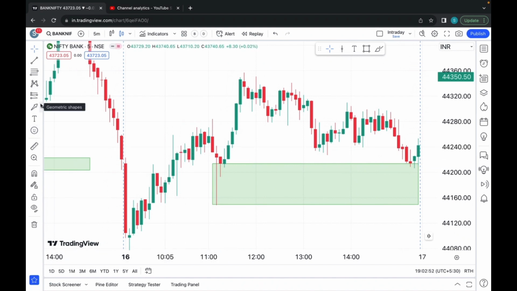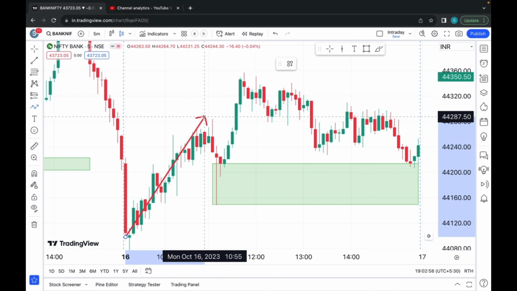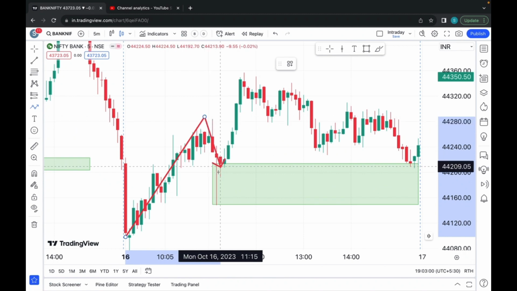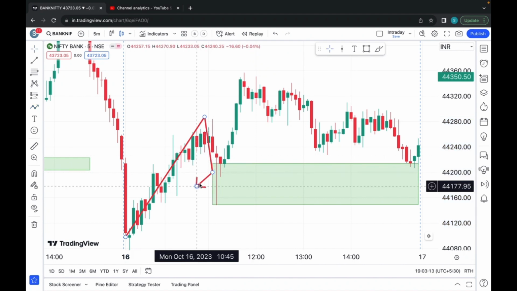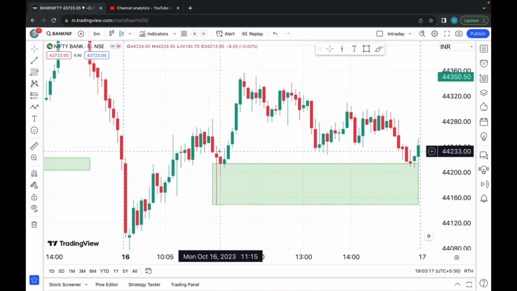Here it becomes a little tricky, because in this case the prices have gone in the upward direction, and from there they have again come down and formed this big rejection candle, which is close to our umbrella line, but it's not our hammer because it has got a long upper shadow.